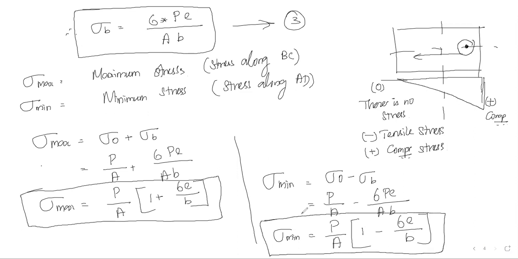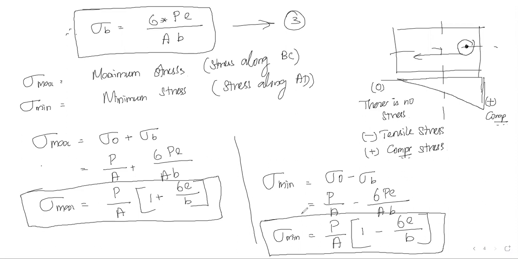So these are all the formulas we are going to use to calculate the stresses. Now, the column is subjected to eccentricity in a single axis. Either it may be with respect to y direction or with respect to x direction.